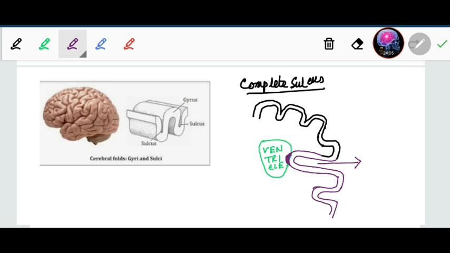Example of this, the collateral sulcus is a complete sulcus, because it forms a collateral eminence in the floor of the inferior horn of lateral ventricle.